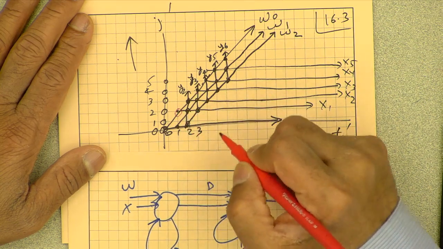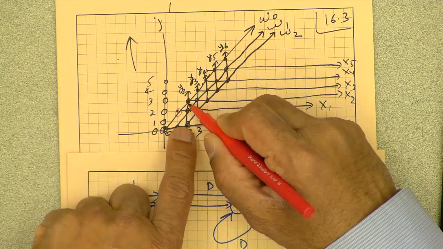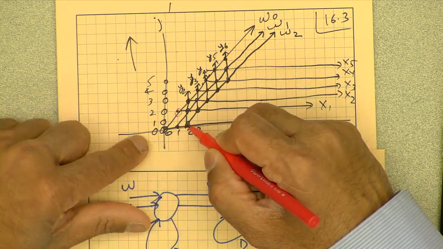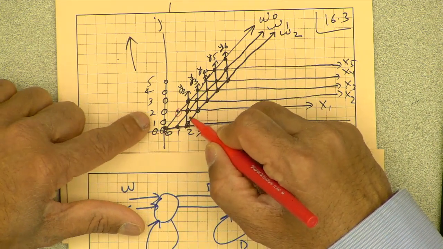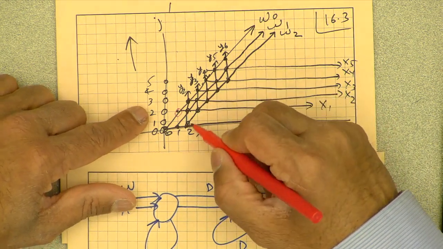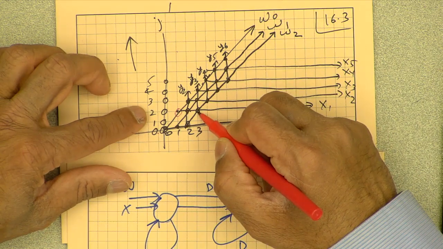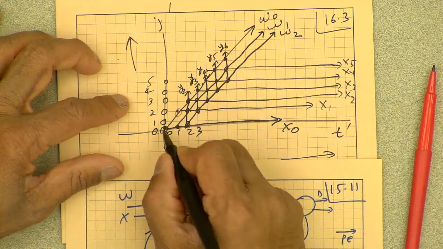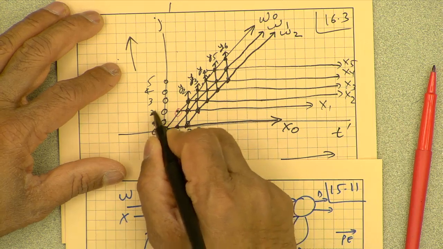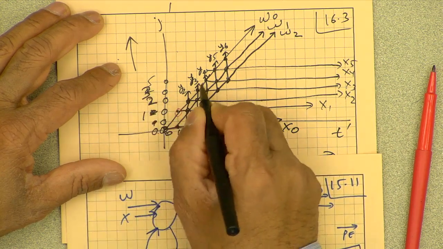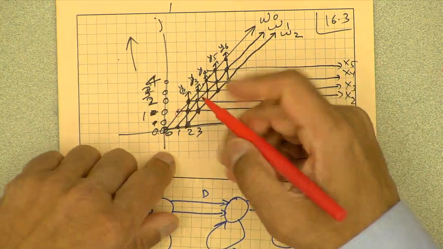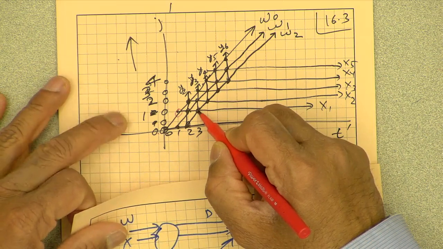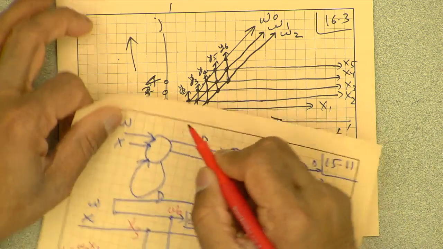So let's take W2. This is not to scale. W2 was in processing element 0 at time 2, goes to processing element 1 at time 3, and that is consistent.